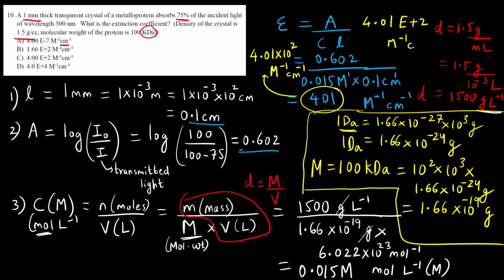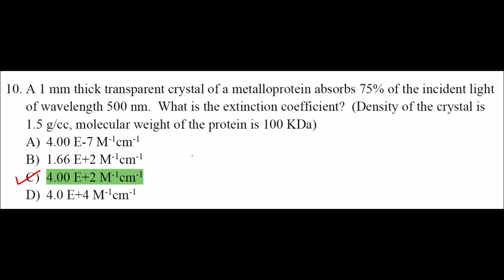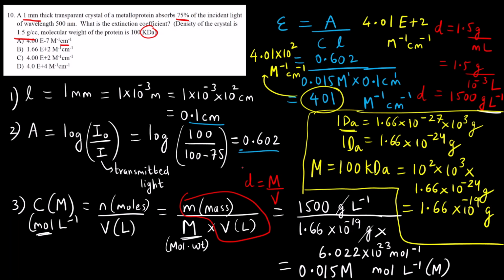Unit is molar inverse, centimeter inverse. So what is the correct answer? Option C, 4 into 10 raised to 2 molar inverse centimeter inverse. So this is a very good question in terms of unit conversion.